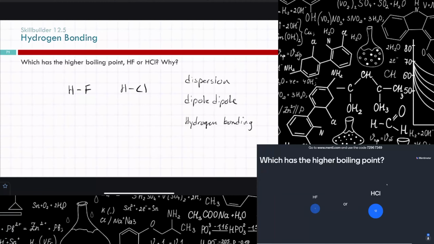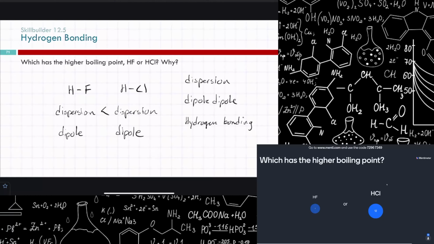But let's go through and look at these. Both of these are polar. So first off, both are going to have dispersion forces. And both of them are polar, so they're both going to have dipole forces as well. The dispersion forces of HCl are larger, and I think this is why most people picked HCl.